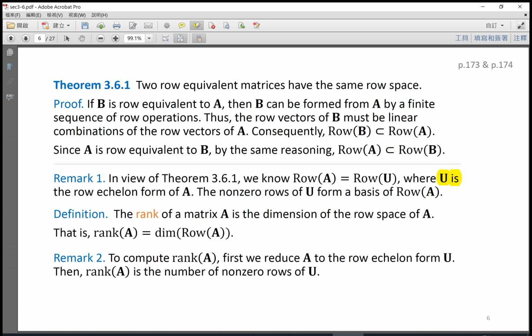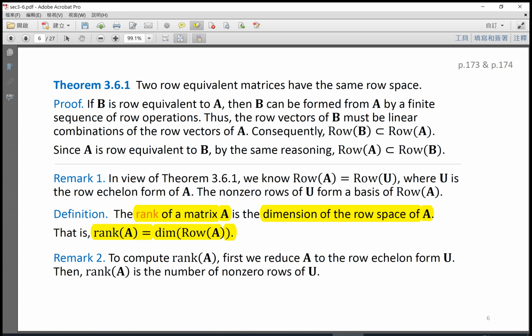Next, we give the definition of the rank of a matrix. The rank of matrix A is the dimension of the row space of A. We will use the notation rank A to denote the rank. By this definition, rank A equals the dimension of row(A).